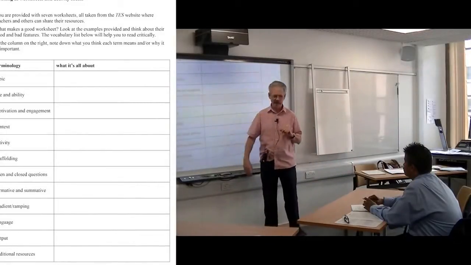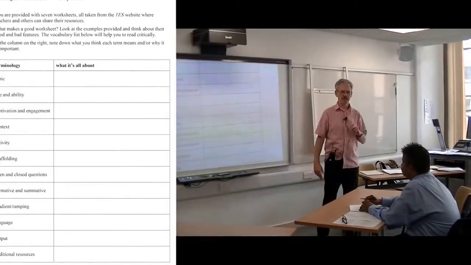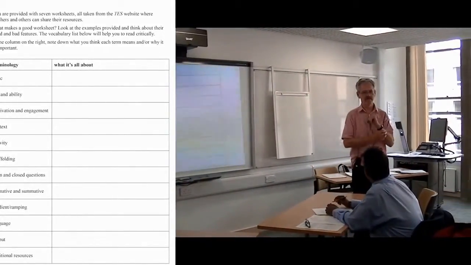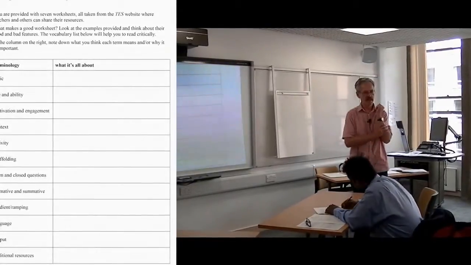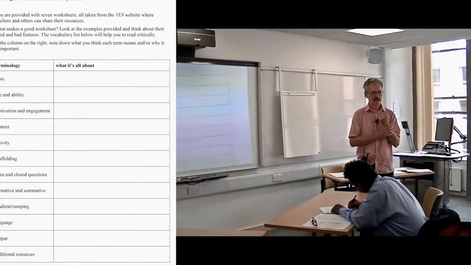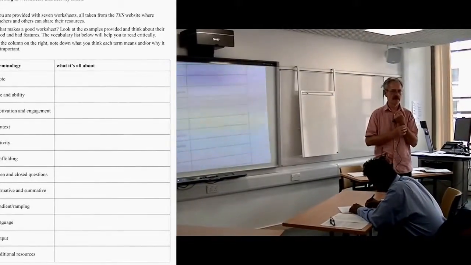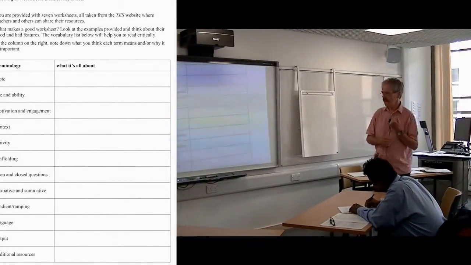Okay, what about gradient and ramping? What would that mean? Getting harder. Getting harder, yeah. This is a method of differentiation, that rather than having different sheets which can be quite off-putting to certain students. Yeah. Differentiation by outcome. Yes, okay.